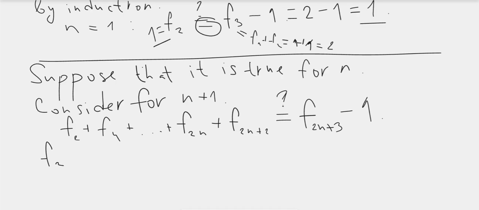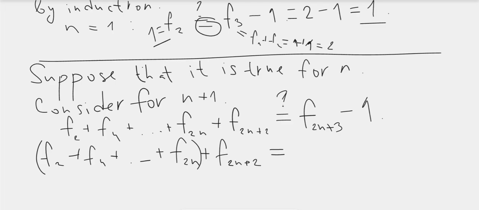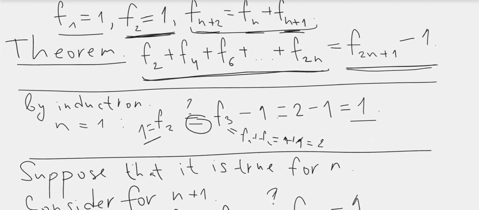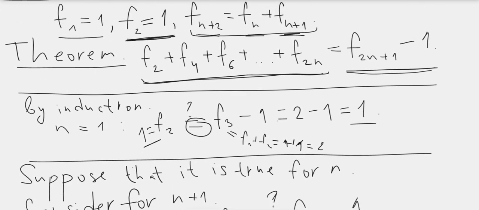Okay, so we start from the left side. So f2 plus f4 plus and so on plus f2n plus f2n plus 2 is equal to, so we notice that all the terms except the last one, this is exactly the left side in the equality for n, right? And we know that it is true by inductive hypothesis, so we replace it with the right side.